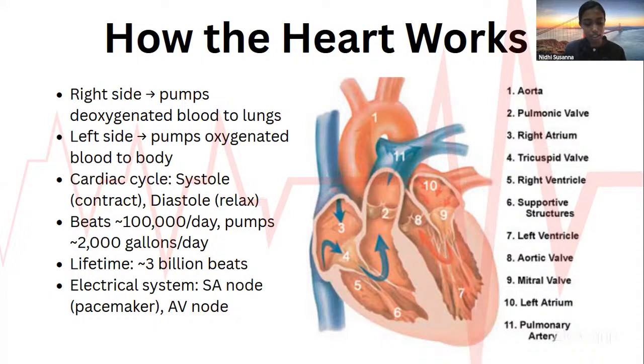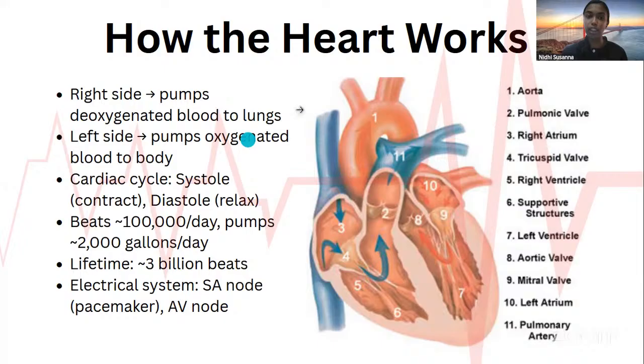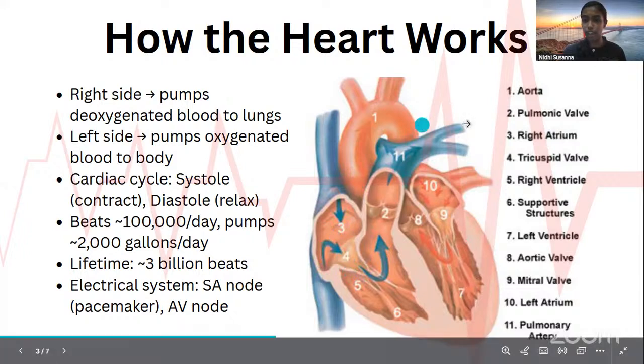The SA node is considered the pacemaker of our heart. In the slide, there are almost 11 steps of how the heart works. The first is the aorta, and then it goes to the pulmonic valve, and then the right atrium, and so on.